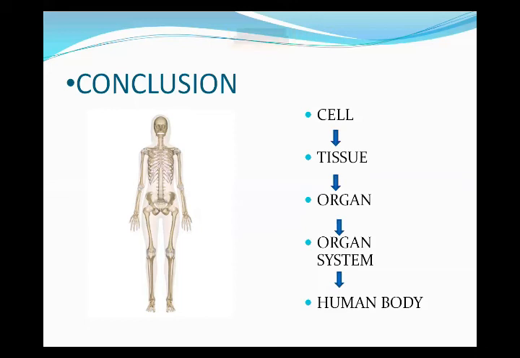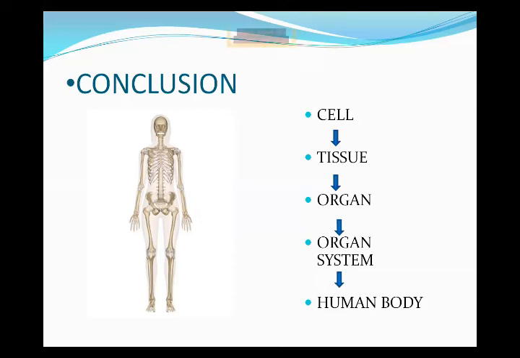We have the example of a wall: a wall is made by bricks, and the brick is the simplest and smallest part of the wall. Same here, all our body organs are made by cells. We have so many body parts, like bone, blood, brain, heart, lungs, and stomach. These all organs are made by cells.